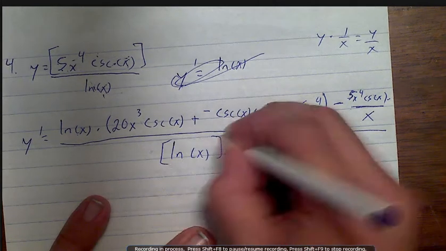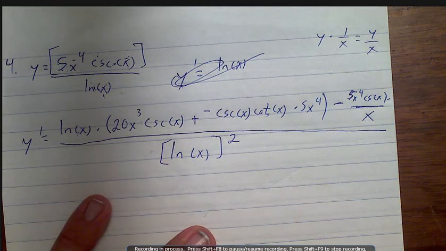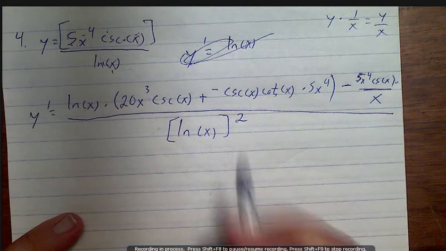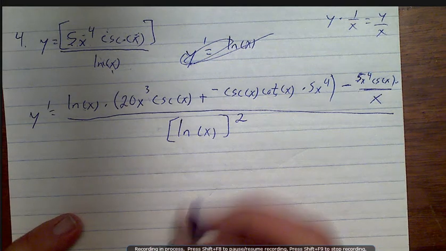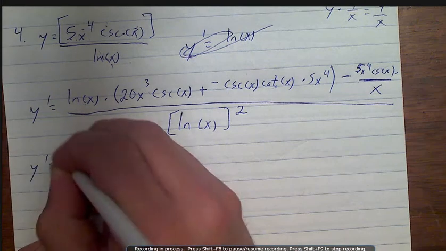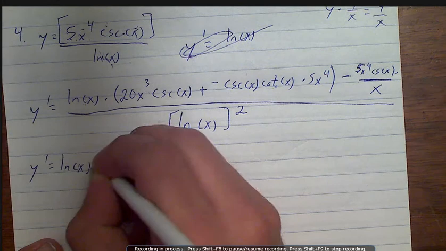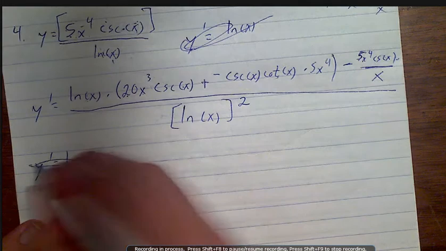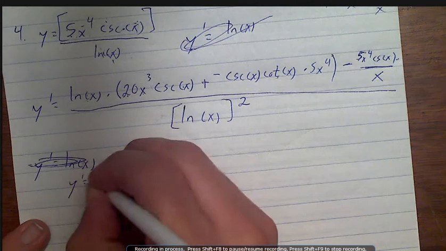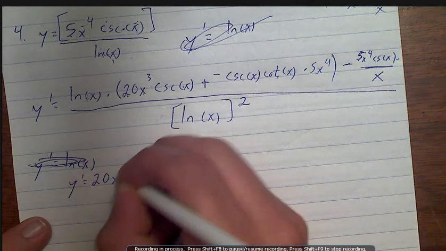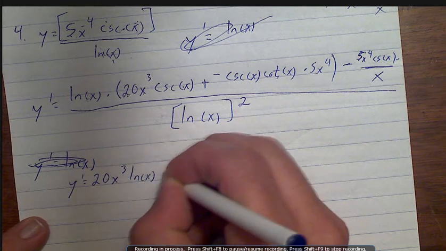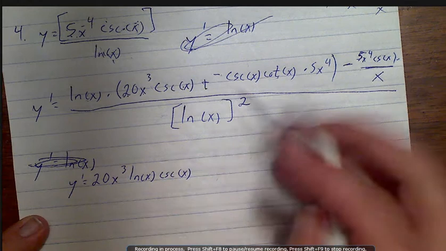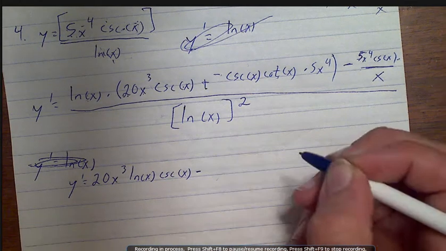Okay, see if we can clean this up a little bit. What I'm going to do is distribute natural log across. So I have natural log of x times 20x cubed cosecant of x. So 20 x cubed natural log of x cosecant of x plus a negative, so just minus natural log of x.